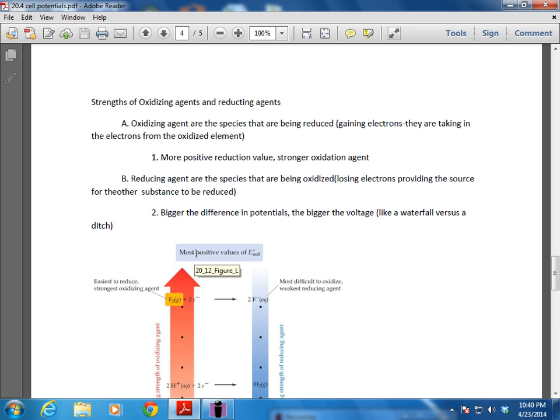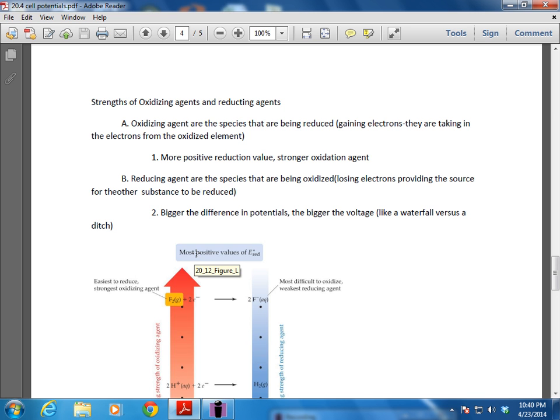Typical trend: the more positive the reduction value, the stronger the oxidizing agent. The reducing agent, those are the species that are being oxidized. They're losing the electrons. They provide the way to get to the destination. They're kind of like the travel agency trying to get to the island for your vacation. They're providing the electrons to get to that destination.